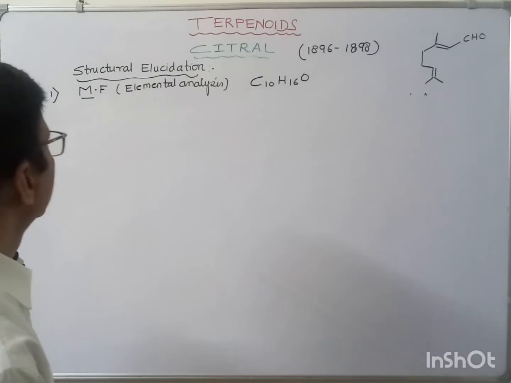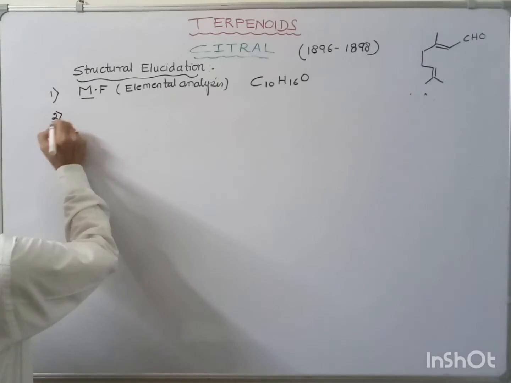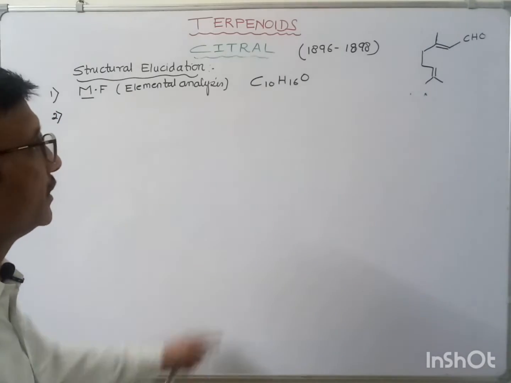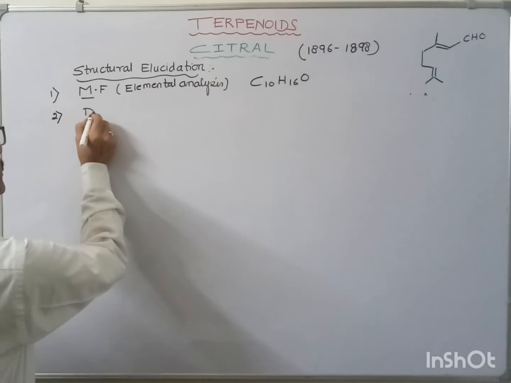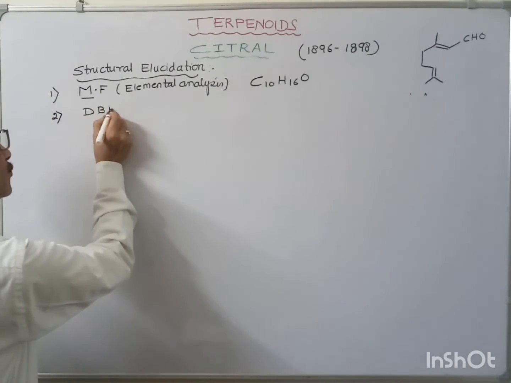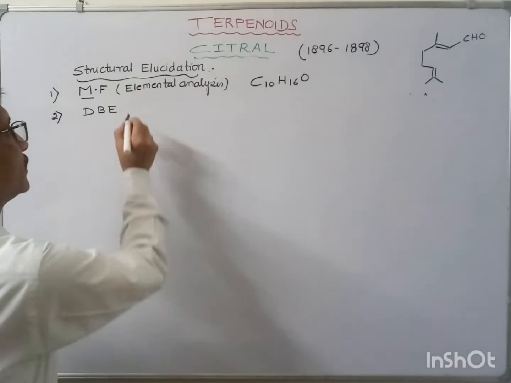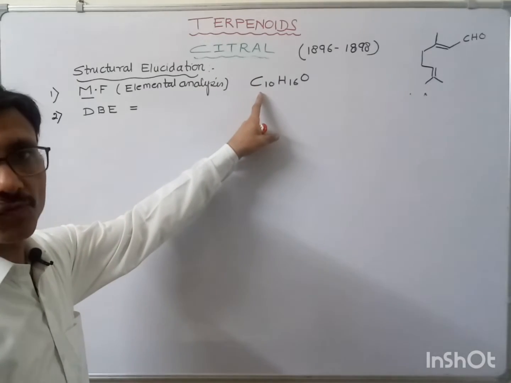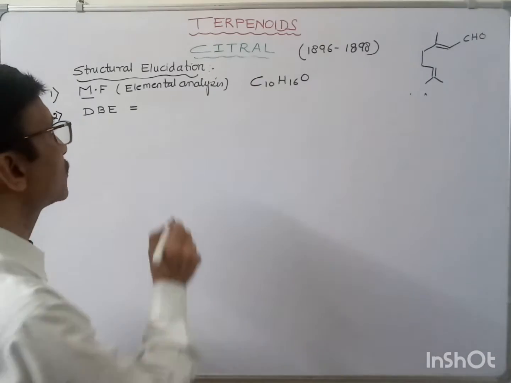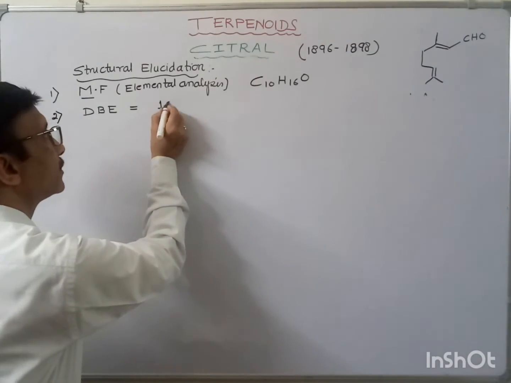Now let's find the double bond equivalent, DBE, for this molecular formula. We know the formula for the double bond equivalent. The number of carbon atoms here is 10.